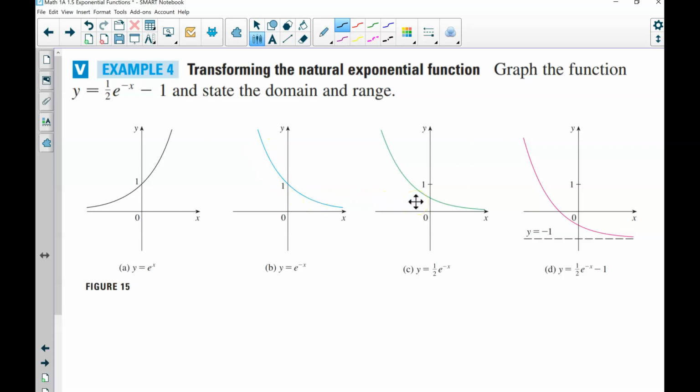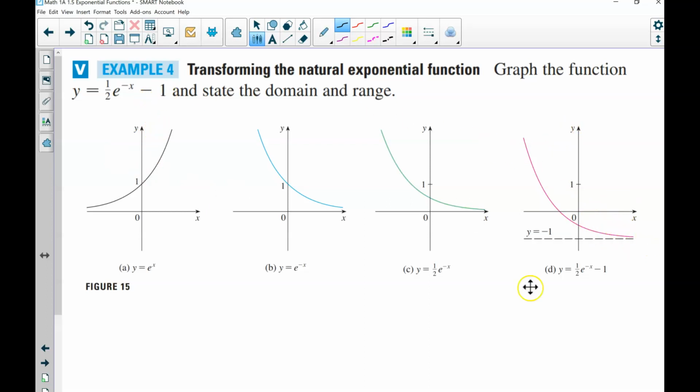Then we're multiplying by 1/2, so we compress the graph vertically by a factor of 2 to obtain the graph of y equals 1/2 e to the negative x, which is in this graph here. And then finally, we shift the graph downward 1 unit because we're subtracting 1 to get the desired graph.